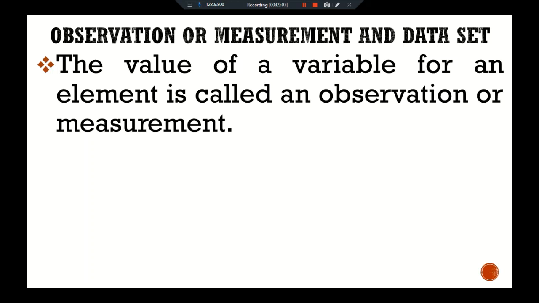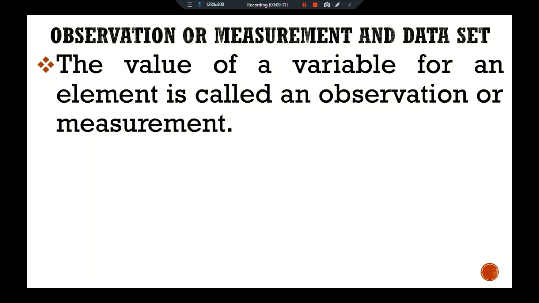As we have discussed in our example, if firm A has such an amount of charitable expenditure, the value that we have highlighted is an observation or measurement of that particular variable.